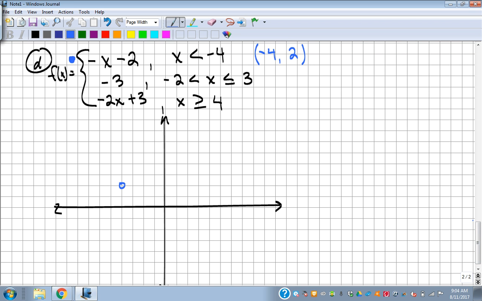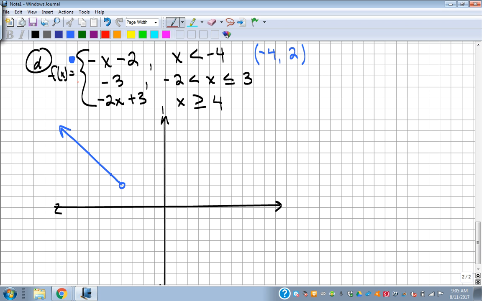So the slope of that line is what? Negative 1. So I'm going to go up 1, left 1. Up 1, left 1. I know that that's a negative slope if it's doing that. Okay. Let's get to that open circle. So there's the first piece. Good to go.